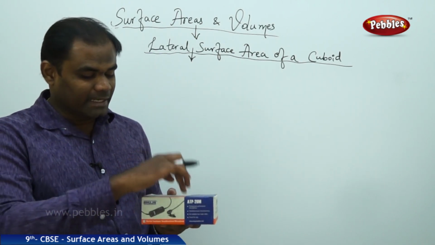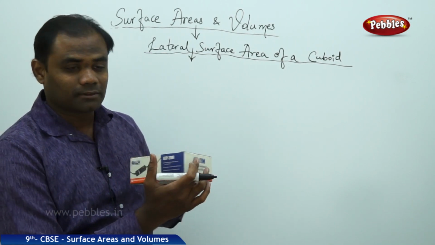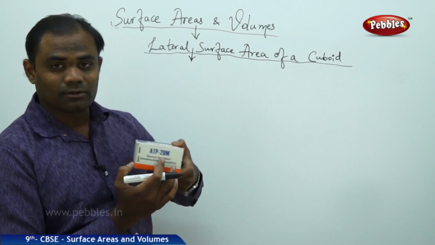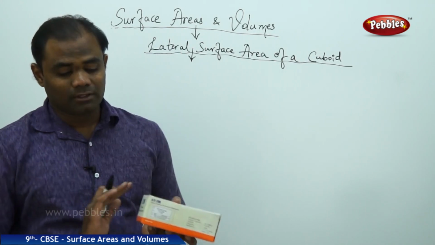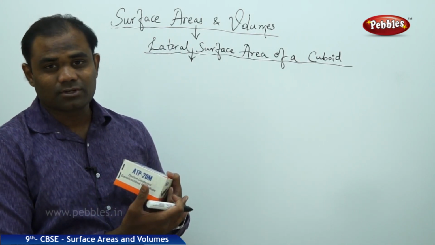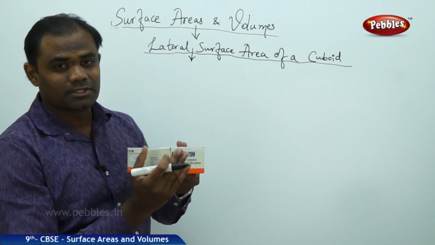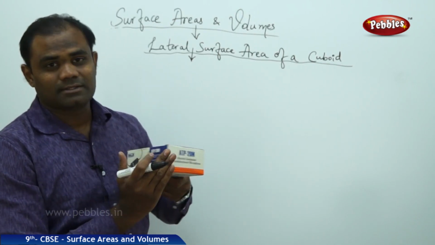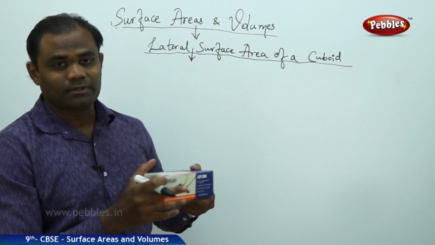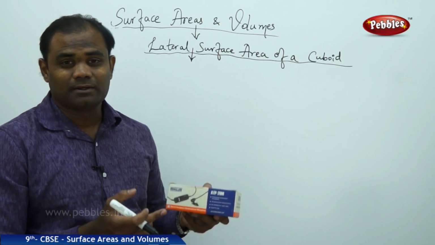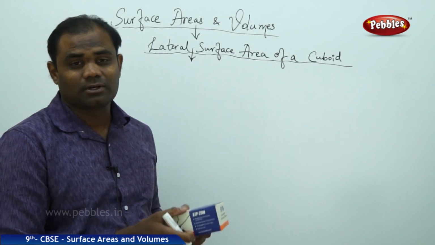But if we just exempt the top and the bottom faces and we go laterally along the side, straight line along the side, then such an area is called lateral surface area. So the lateral surface area does not include the areas on the top and the bottom. It includes only the surface area on the sides. So face 1 plus face 2 plus face 3 plus face 4 make the lateral surface area. This and this does not come into account.